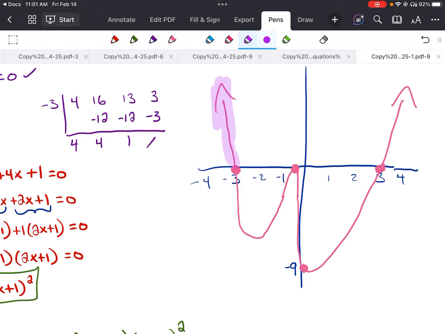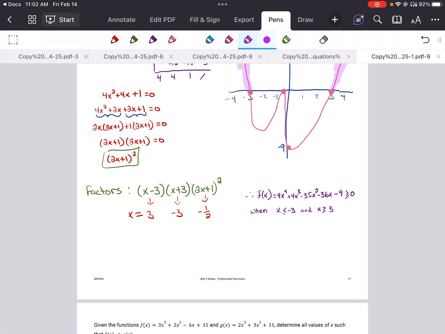Because the only two parts where it's greater than 0 are here and here. Everything else is under the x-axis.